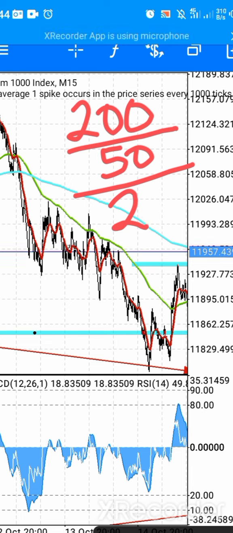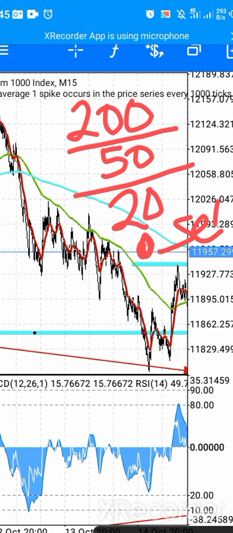Let's use the 20. Price is actually under this, and this is a good sell trend. This is a good time to sell because price is under these three: this is 1, this is 2, and this is 3. That is a perfect sell condition.